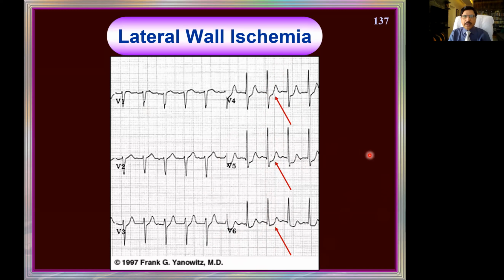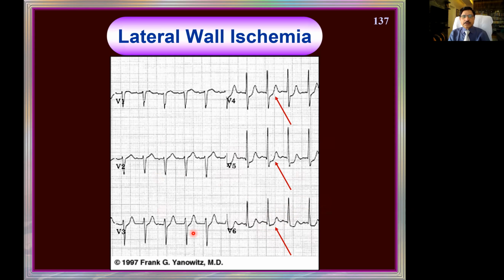So we have to say this is a lateral wall injury or ischemia or infarction. This is not infarction because we don't have ST segment elevation or Q wave. This is, you can say, ischemia and associated subendocardial, at the most, it could be subendocardial.